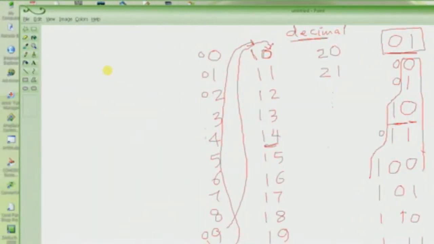Let's see something else. If I have 4 decimal places, in other words, I can put 4 decimal digits here from 0 to 9. What's the smallest number that I can write here? It's 0 0 0 0, which is basically 0.